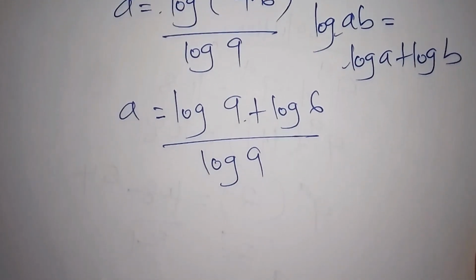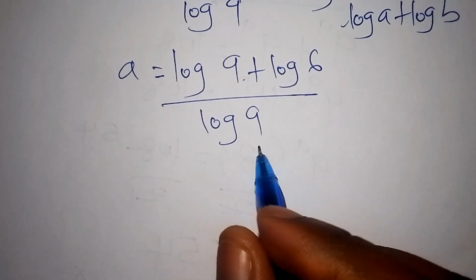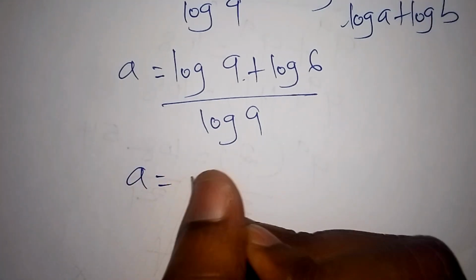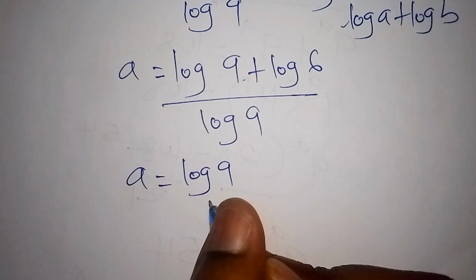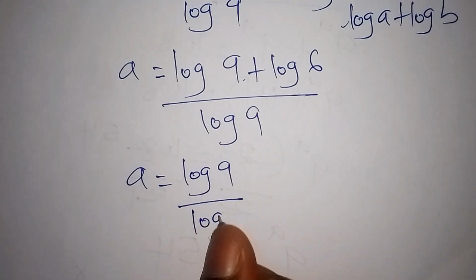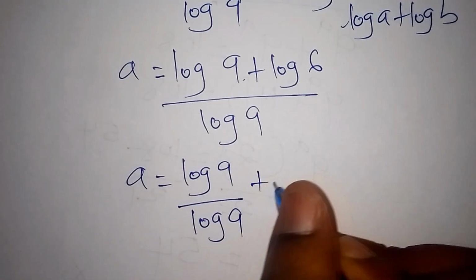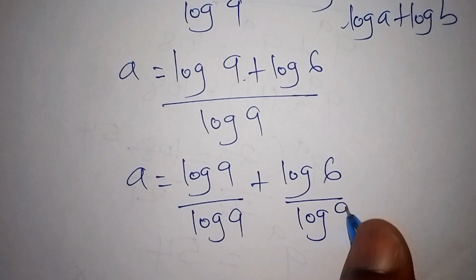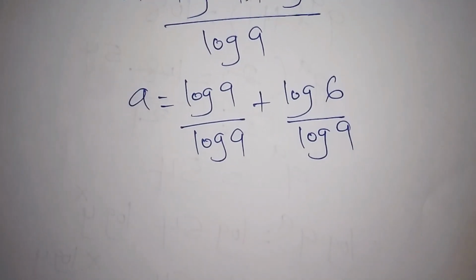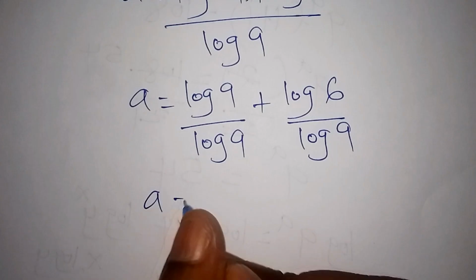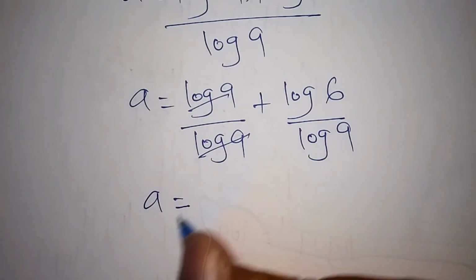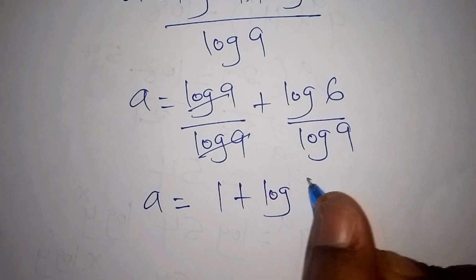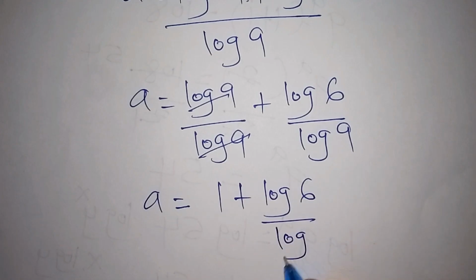Our next step, we divide both terms by the log of 9. So now a is equal to the log of 9 all over the log of 9, which is the denominator, plus the log of 6 all over the log of 9. Log 9 and log 9 cancel, so we have 1 plus the log of 6 all over the log of 9.